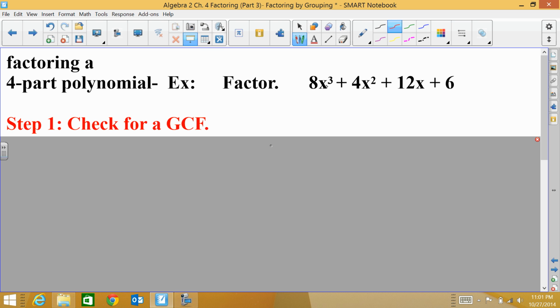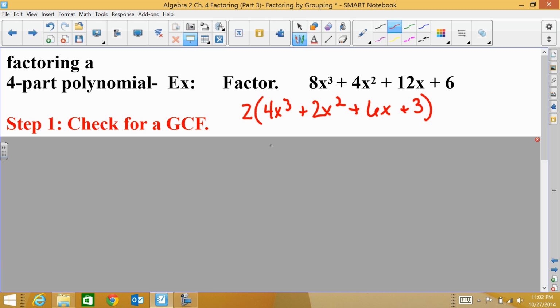Now, all of them do not have variables, so we cannot take out an x. So we would just take out a 2. If we take out a 2 and divide that out from each term, we would have left over 4x cubed plus 2x squared plus 6x plus 3.